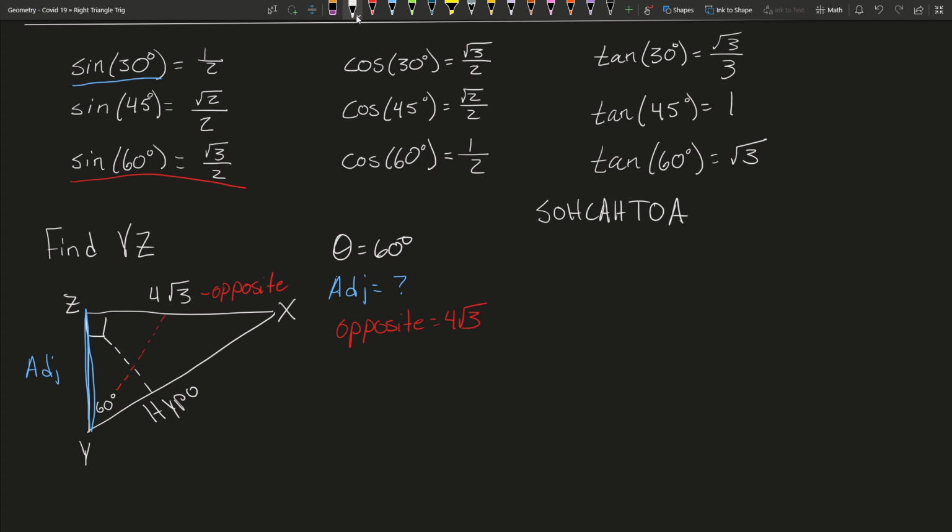Okay, so if we have opposite and we're trying to find adjacent, we can use tangent because that uses both of them. So tangent of theta is always equal to opposite over adjacent. Then we can just substitute in what we know.